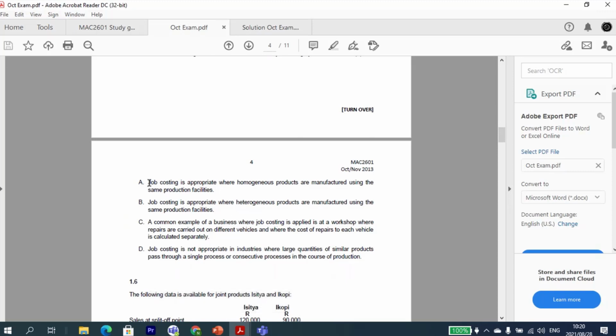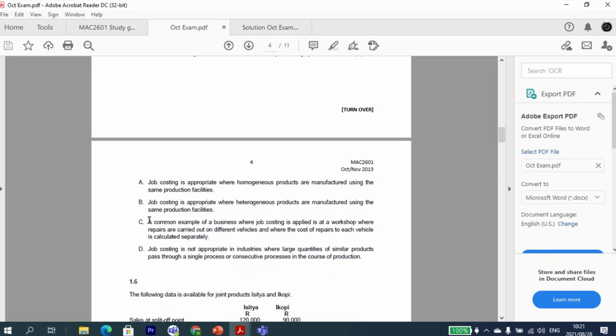A says that job costing is appropriate where homogeneous products are manufactured using the same production facilities. B, job costing is appropriate where heterogeneous products are manufactured using the same production facilities.